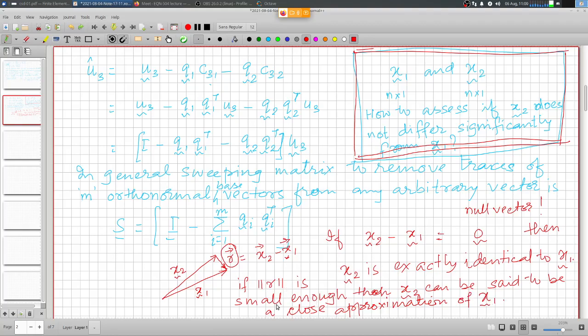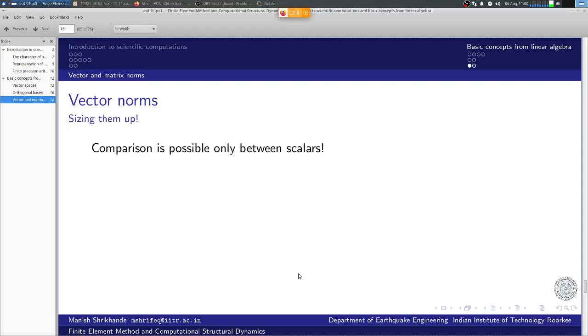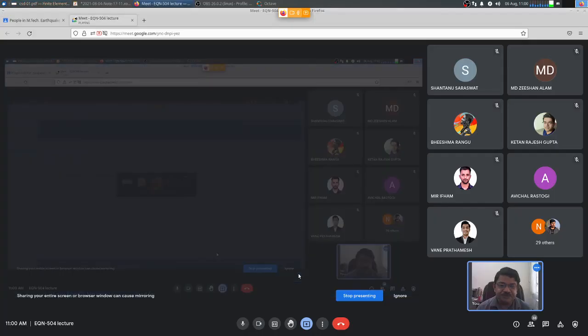Now, small enough is what we normally refer to as the tolerance of convergence, and all of us are familiar with the concept of error tolerance. As long as this difference is smaller than this tolerance, it is considered close enough, and that is where these vector norms are actually used. They come into play.